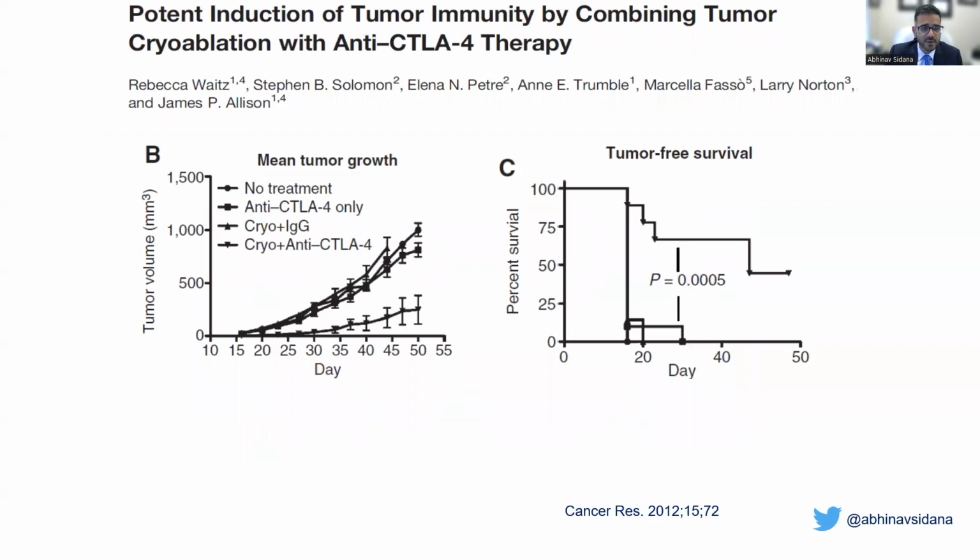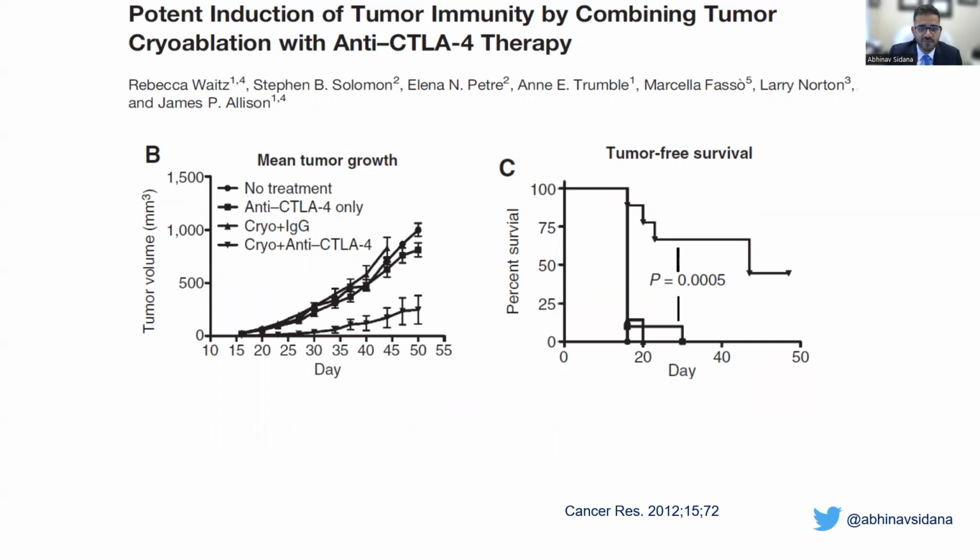This was studied by Dr. Allison's group at MD Anderson. They used a two tumor model in mice. They gave the mice a flank tumor, treated the mice, and then re-challenged the contralateral flank with the same cell line. They demonstrated that the mice treated with cryo, along with the immune checkpoint inhibitor anti-CTLA4, demonstrated significantly slower growth of secondary tumor.